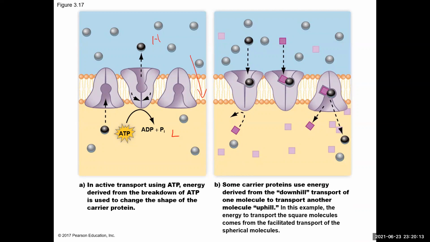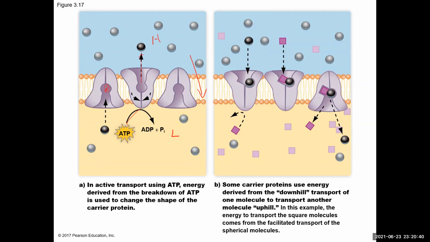And so there's a protein channel that is selective for that molecule. That molecule will go into the protein channel. ATP will attach to it. The energy causes a shape change to push that molecule out and move it against its concentration gradient. Okay.